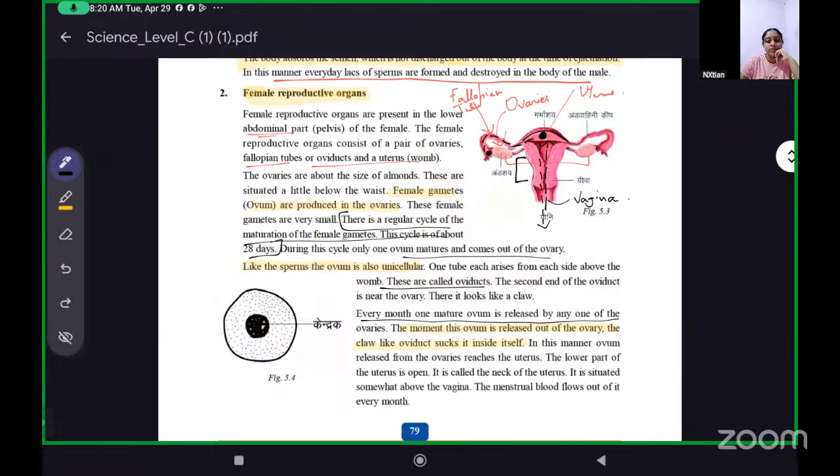What's Kendrak? Kendrak. It's the nucleus. Since it is unicellular, it is the nucleus of the egg.